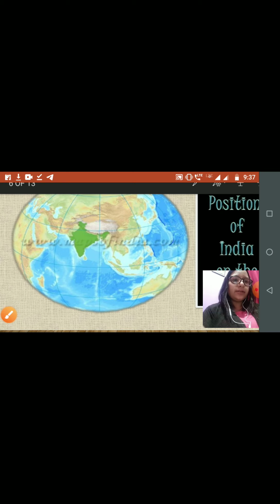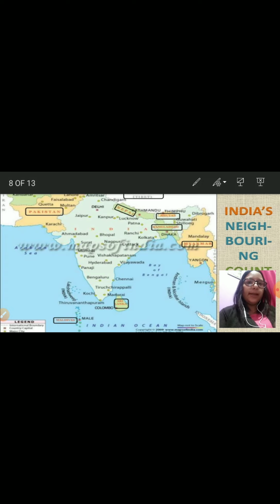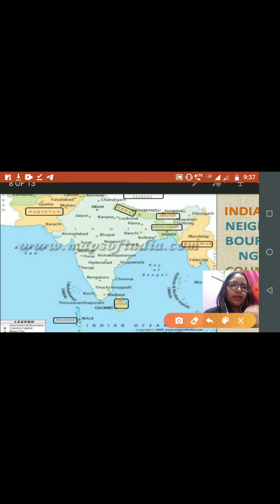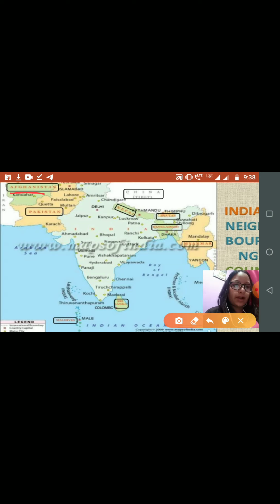Then if we see the neighboring countries of India, you can see here in the map, it is clearly written: the countries which border India include Pakistan to the west and Afghanistan to the northwest.